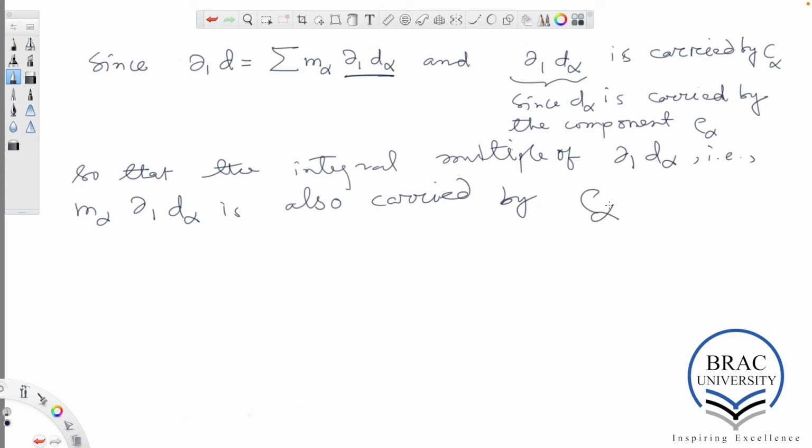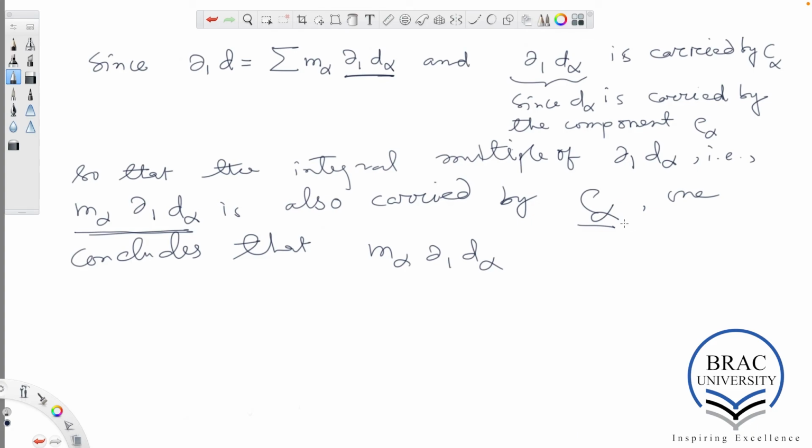So we have arrived at the conclusion that each such term is carried by C alpha, and hence one concludes that this m alpha delta 1 d alpha is carried by C alpha, and this is a zero chain, right?